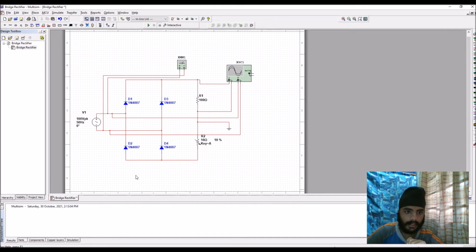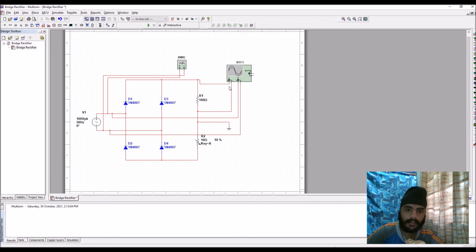As we know, this is bridge rectifier, so there will be 4 diodes in use, which is D1, D2, D3 and D4, as well as a resistor of 100 ohm and a variable resistor of 1 ohm. The resistor here is 10 ohm and we have set it to be the efficiency of 10%, therefore it equals to 1 ohm. Then we can insert the oscilloscope from side here, as well as the multimeter, and connect it to the circuit.